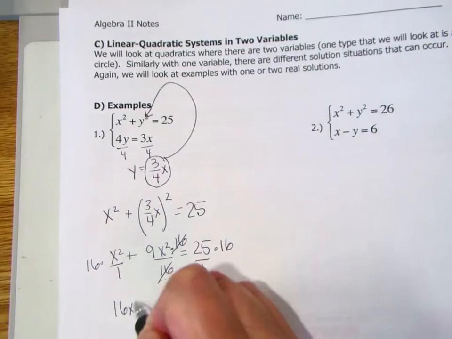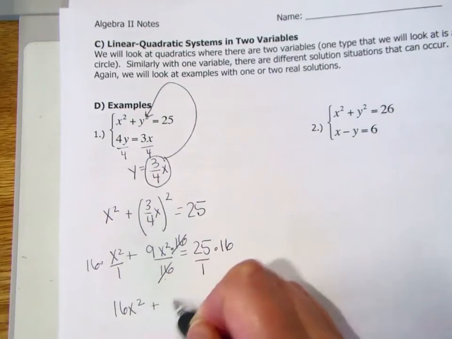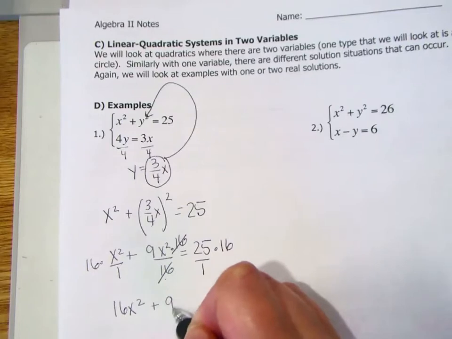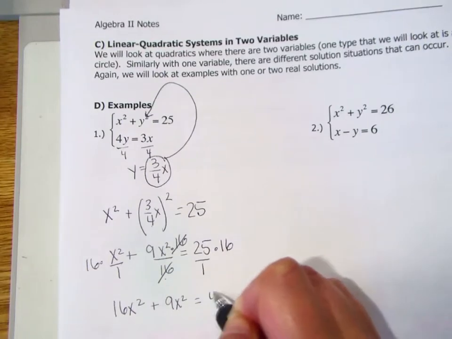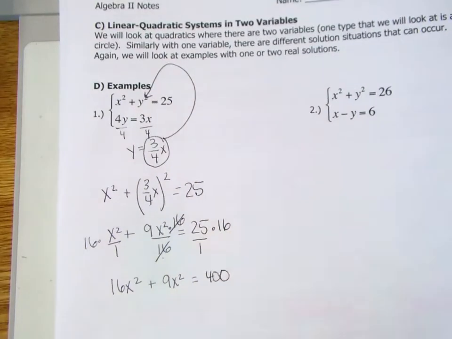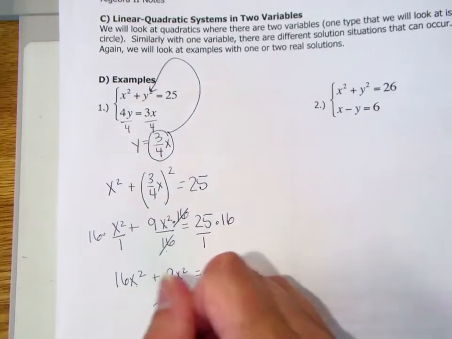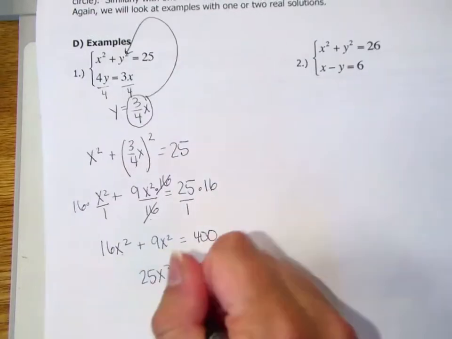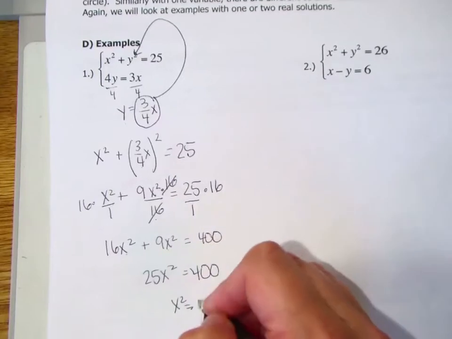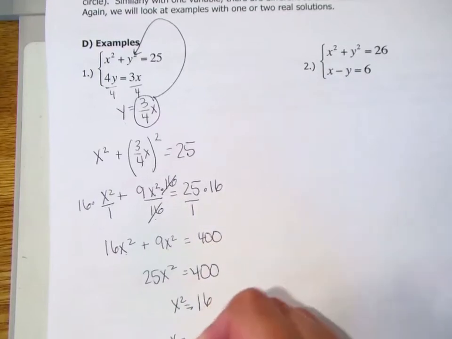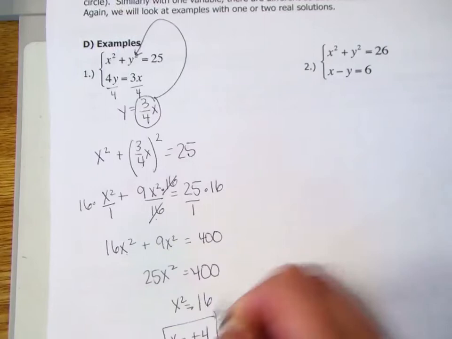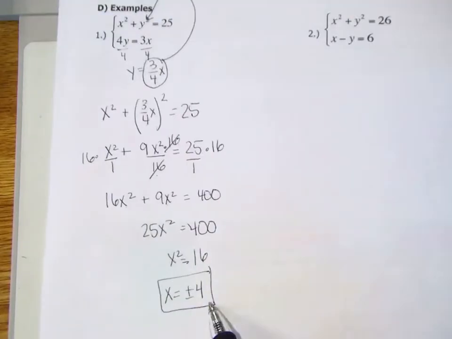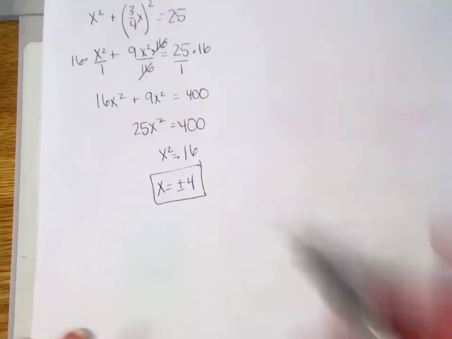So this gives me 16x squared plus 9x squared equals 400. From here, 16x squared plus 9x squared is 25x squared equals 400. Divide both sides by 25, so x squared equals 16. Take the square root, x equals plus or minus 4. So those are the two possible x values that we have.